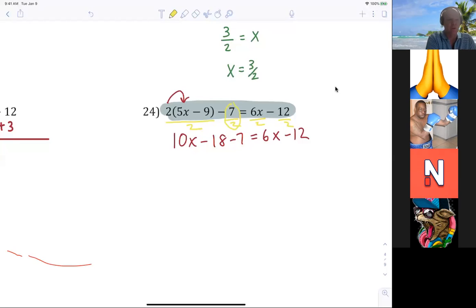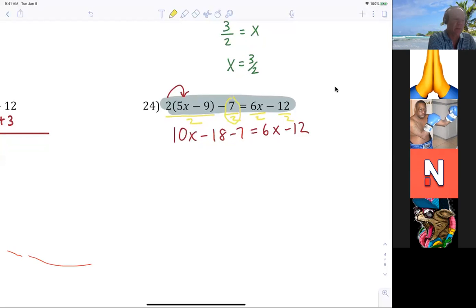Essentially, Austin, if you're going to divide, it would have to be something like 2 times 5x minus 9 equals 12, where you could just divide by 2. But if there's other stuff in the way, you can't just do that, because if you divide one thing by 2, you have to divide everything by 2. So that's a good lesson.